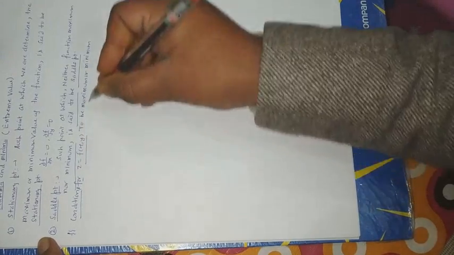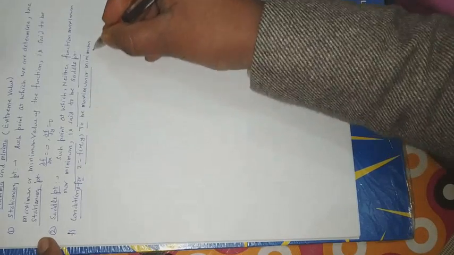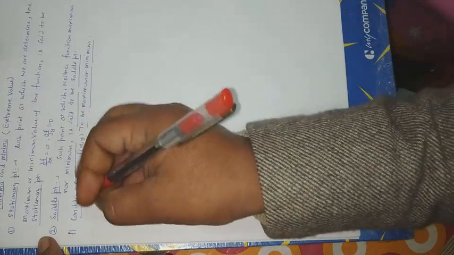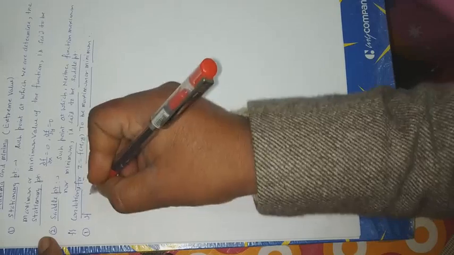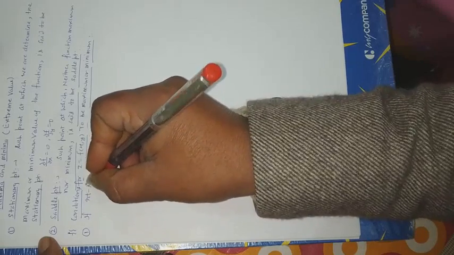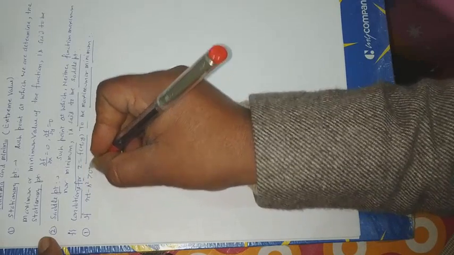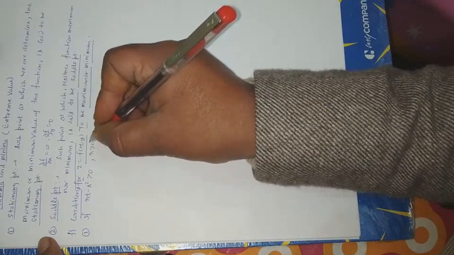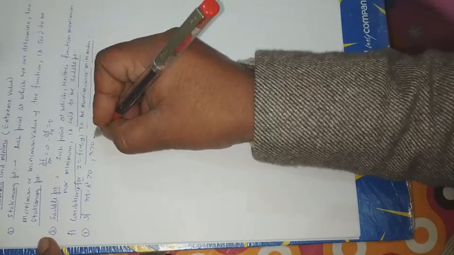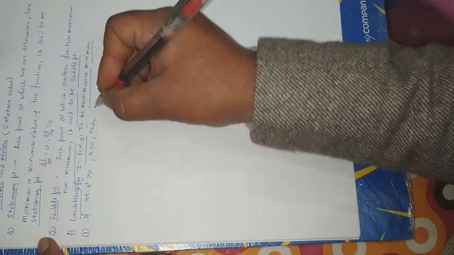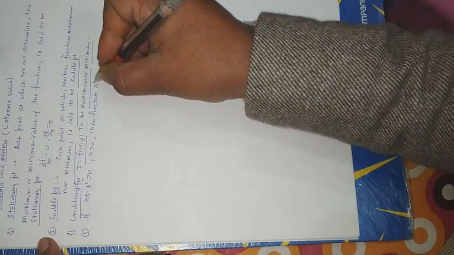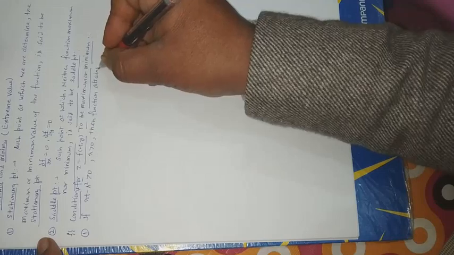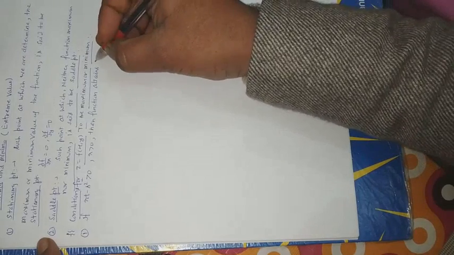First condition: if rt minus s square is greater than 0, and r is greater than 0, then the function attains a minimum value.